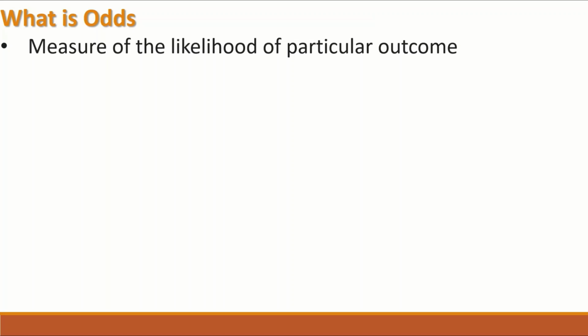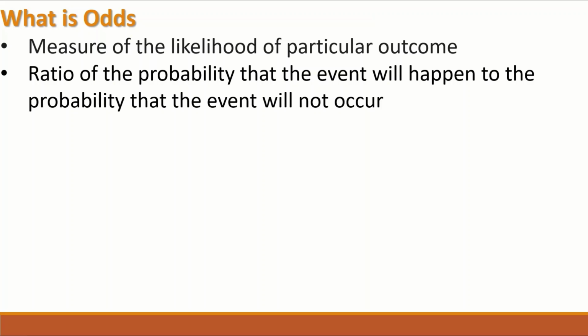So what is odds? Odds measure the likelihood of a particular outcome. It is the ratio of the probability that the event will happen to the probability that the event will not occur.